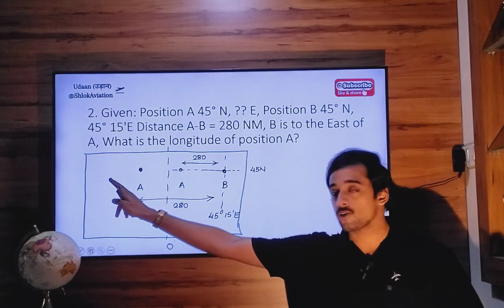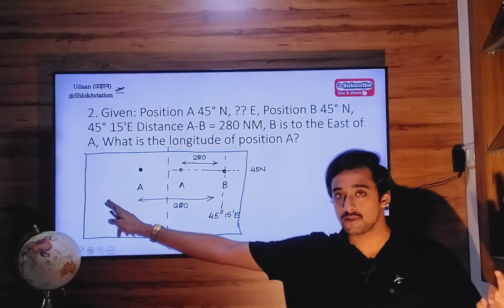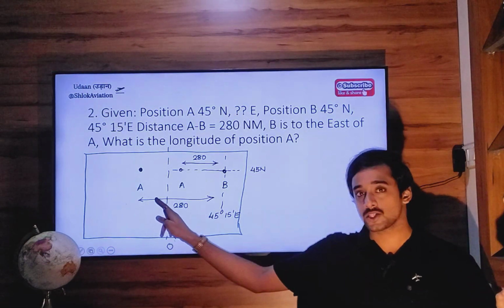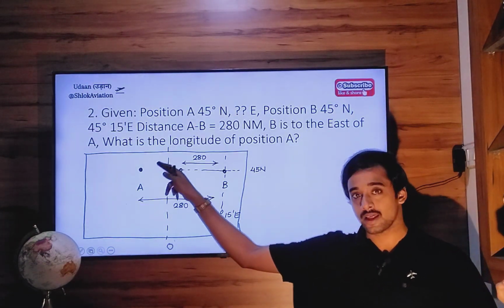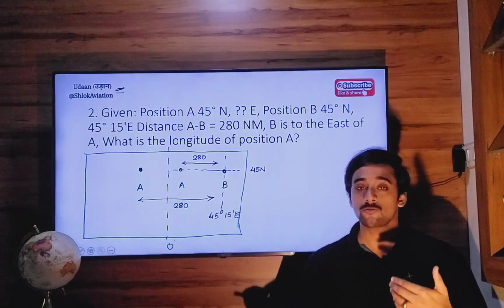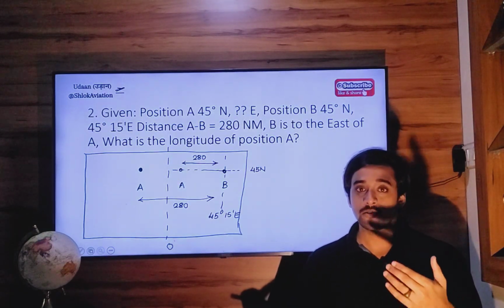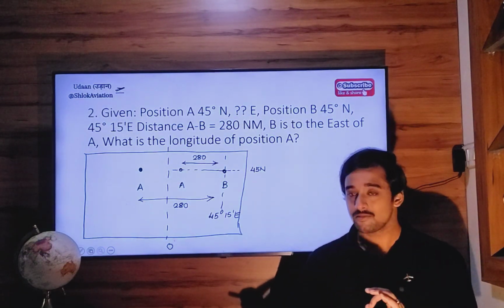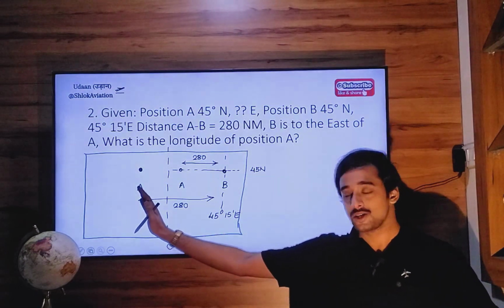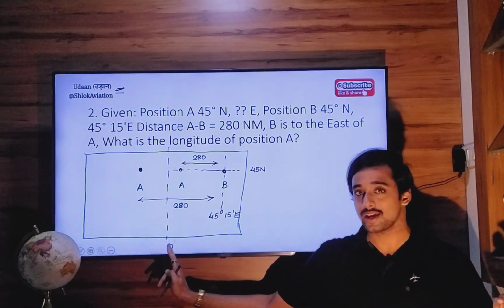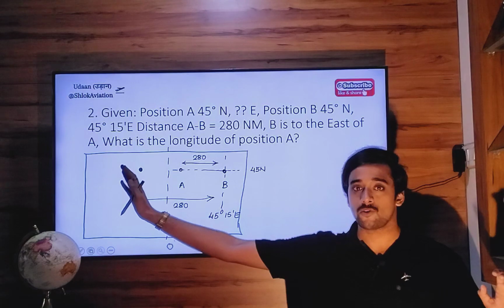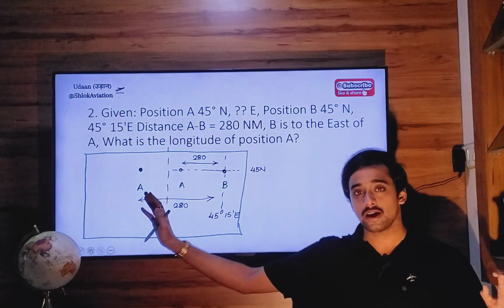So when you are traveling from a particular position in the western hemisphere in the easterly direction or northeasterly direction, what will happen to the values of your longitudes? The longitudinal values will decrease because you are traveling easterly towards this prime meridian 0 degree. So longitude values will decrease from 45, 40, 35, 30, and so on.